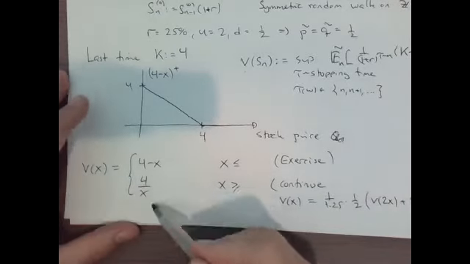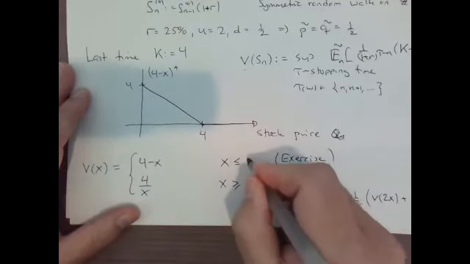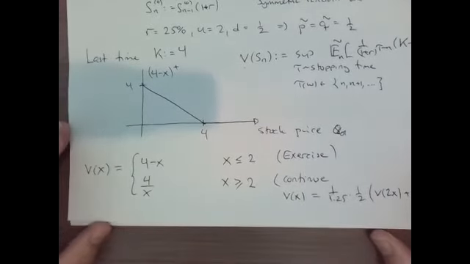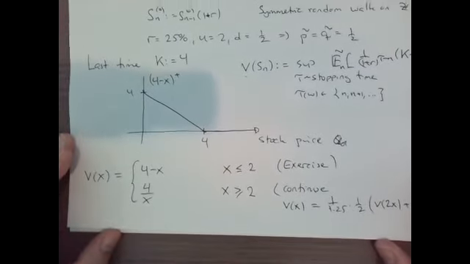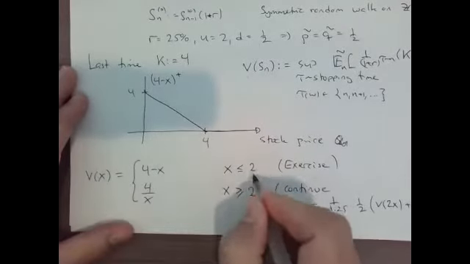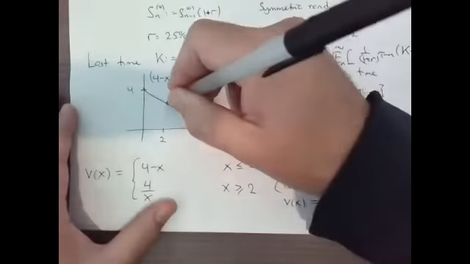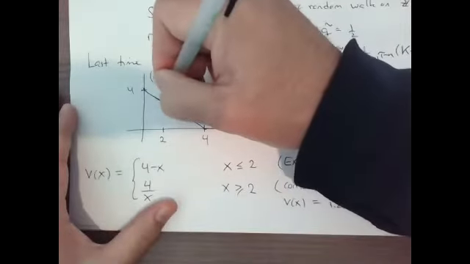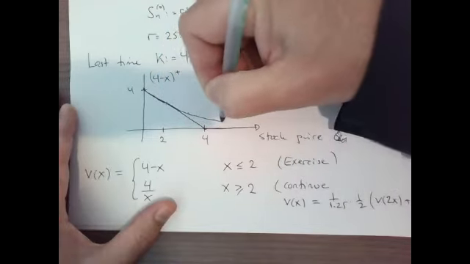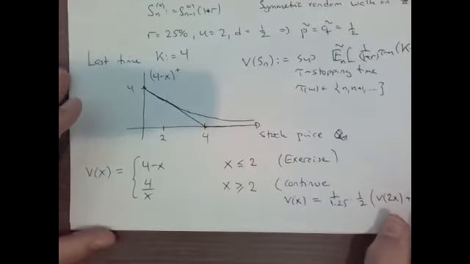We wanted these two pieces to be continuous and also smooth, so we ended up saying that the critical threshold would be 2. In the picture, the value function is this straight line here, and then it comes out as this 4 over x when you're bigger.